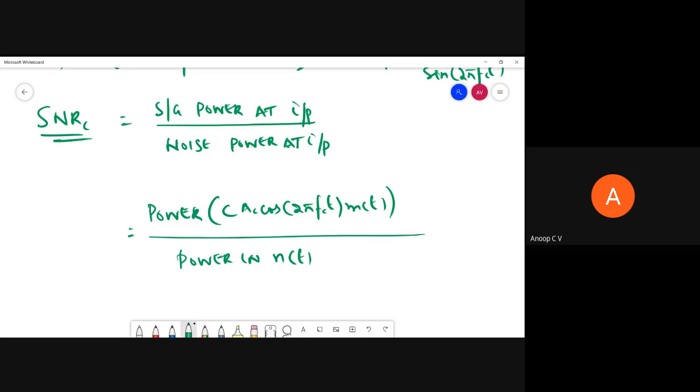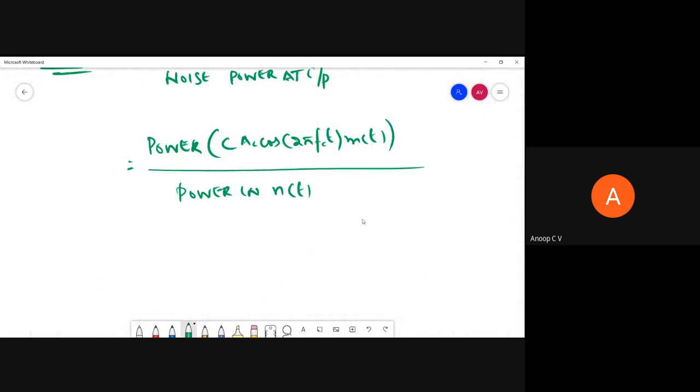So the power in C AC cos 2 pi FCT M of t will be C square AC square by 2 times P, divided by the power in N of t.